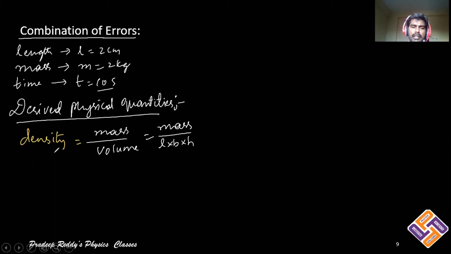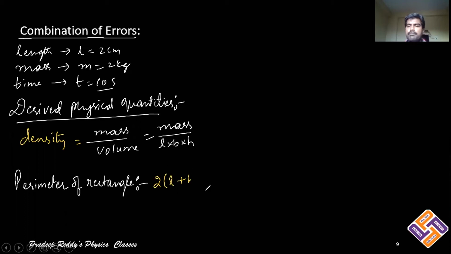If you are dealing with a derived quantity, you need to measure mass, and in mass there will be one error. You need to measure volume, and in volume there will be error. Similarly, for example, you are measuring the perimeter of a rectangle. What is the formula for the perimeter of a rectangle? 2 into L plus B, where L is length and B is breadth.